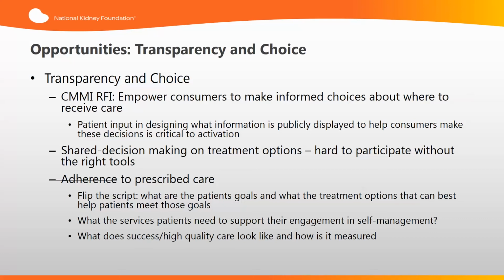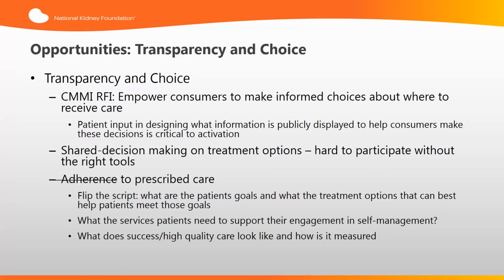So as CMMI is determining how to be more transparent with these models and what information it wants to have these models communicate and publicly display, before that actually happens, we really need the patient advocacy community and patients to engage in discussions about what public measures or public information is going to be made available that's going to help patients decide where to receive care.